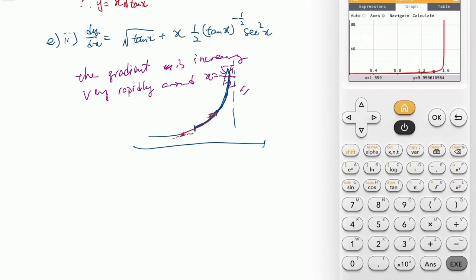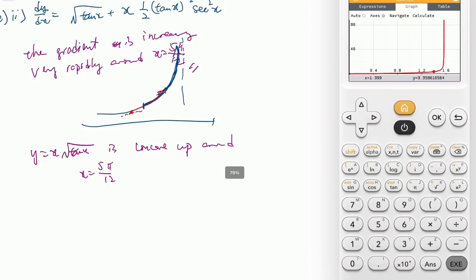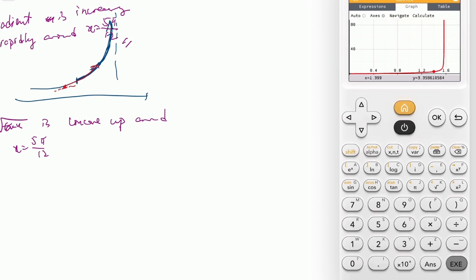It's because the original graph is concave up around x being 5 pi over 12. Right, because if your graph is concave up, remember Euler method is using a tangent to estimate the y value of the next point.